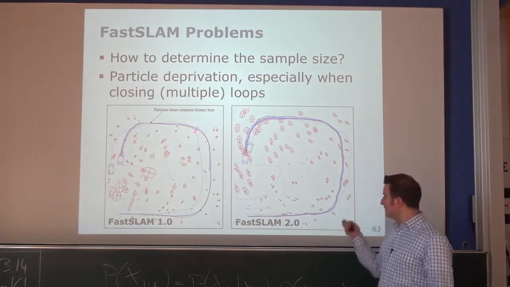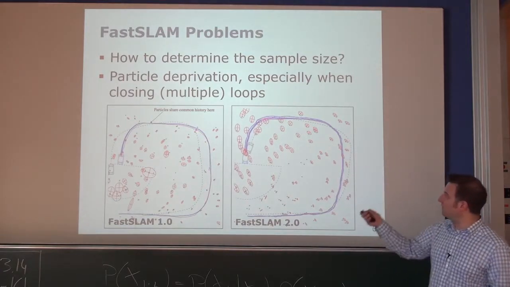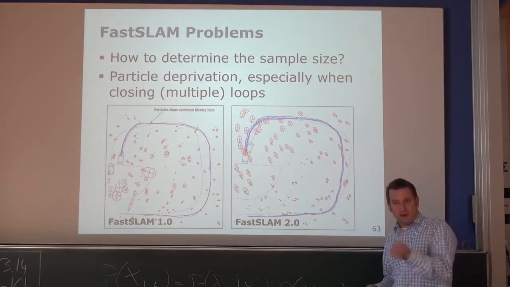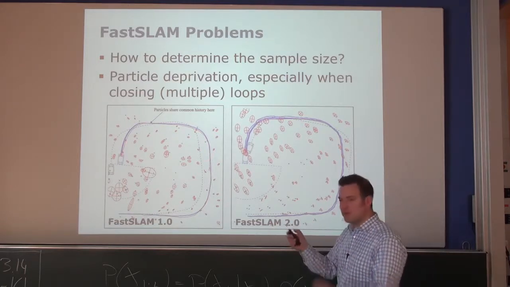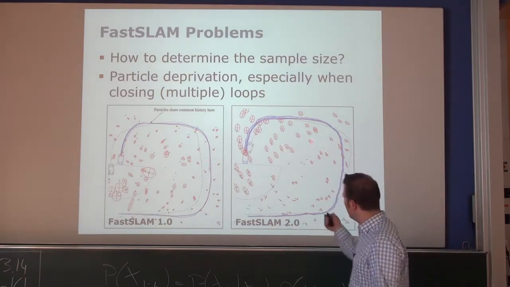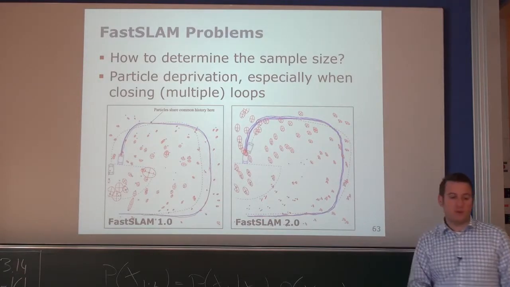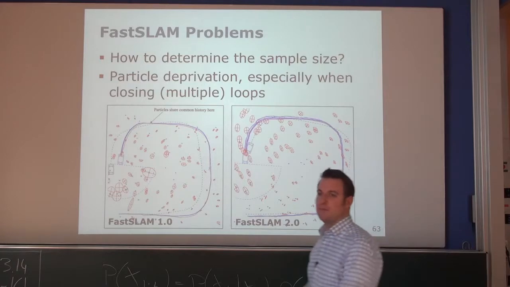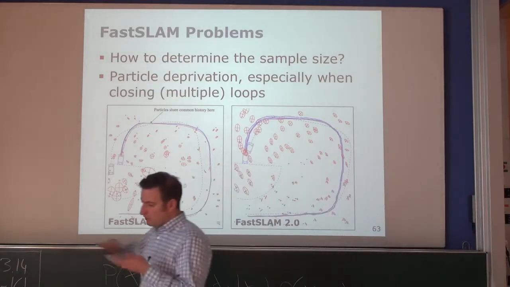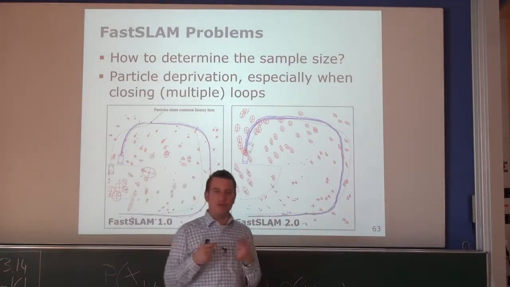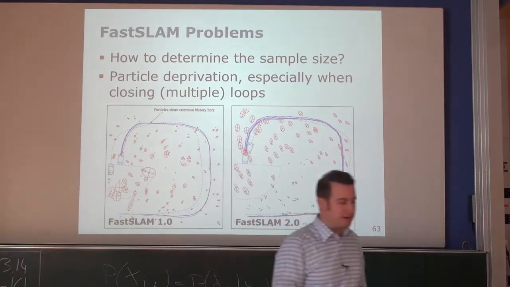As a result, FastSLAM 2 has a higher diversity of estimates, because they all are good estimates. Here we just converge to one mode, so to say. This one is more likely to maintain multiple modes, and this is substantially better when you close large loops, because then multiple hypotheses about what the trajectory looked like in the past make a big difference.